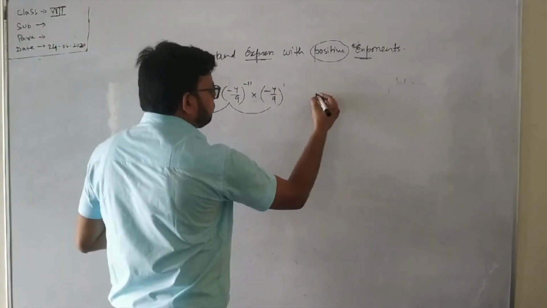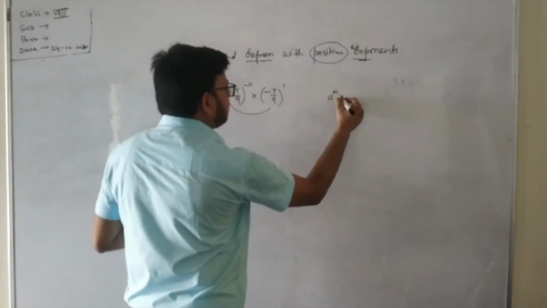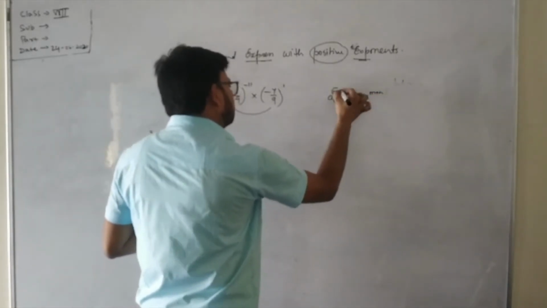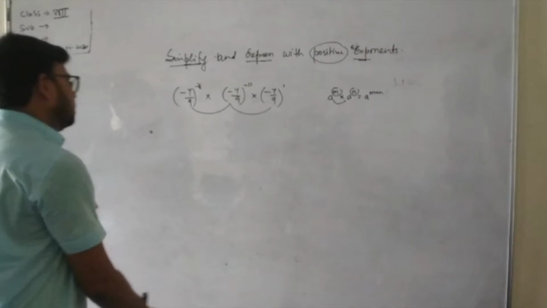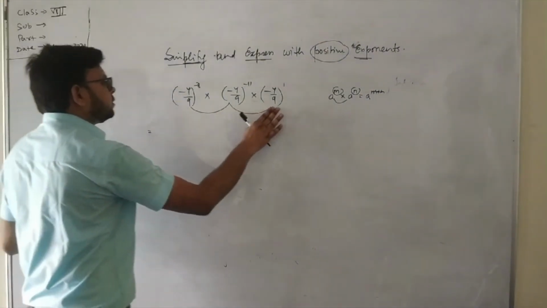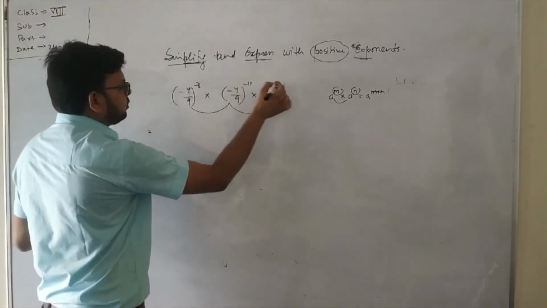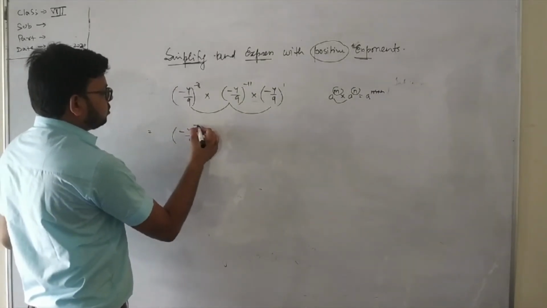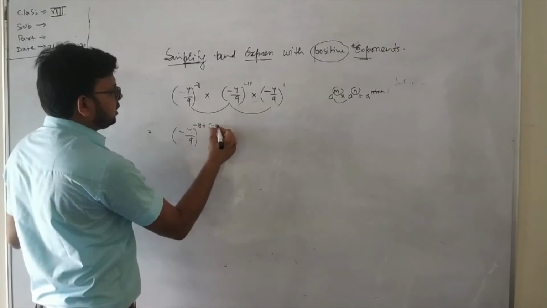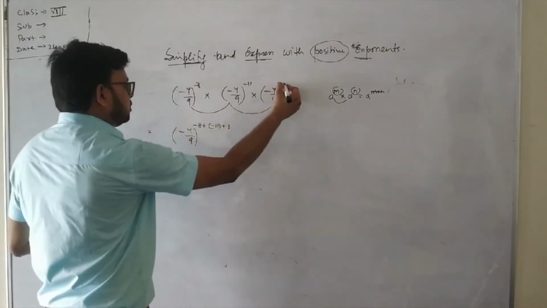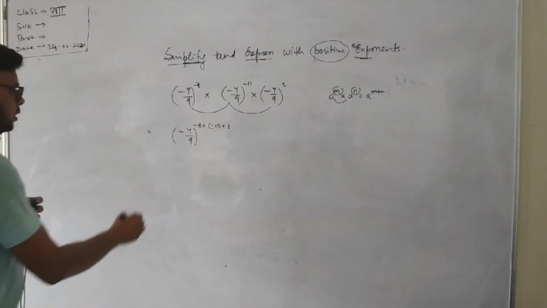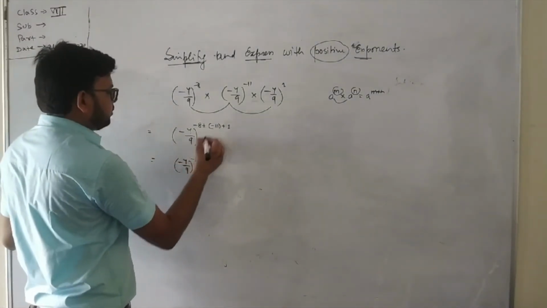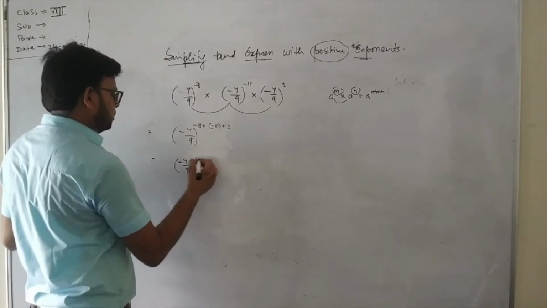I just read the first law: a to the power m into a to the power n, we can add the powers. If the base is the same, we add the powers. So write the base once and add the powers: minus 8 plus minus 11 and plus 1.